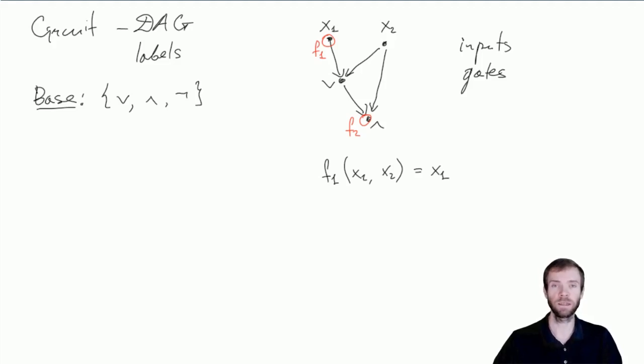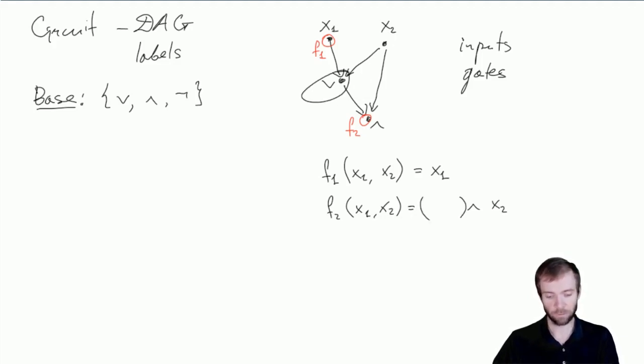So it kind of projects a tuple of values on one of the coordinates. And the output f2, is also a function of two variables, computed at this node. And this is a conjunction. So it's a conjunction of two things. The first thing that comes to this conjunction is x2. And the second thing that comes to conjunction is the result of disjunction of x1 and x2.